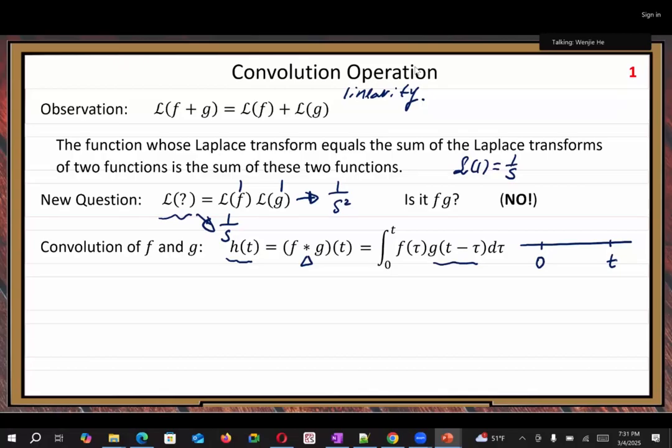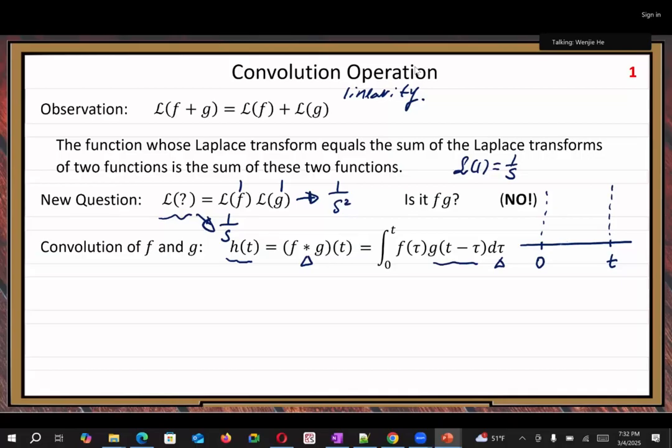Later we can imagine t is a variable, but when we understand this integral, we fix the t value. Now you take the integral over the interval between 0 and t. Then you need a dummy variable. This tau is the dummy variable. Tau can be anywhere in this interval, from 0 through t.